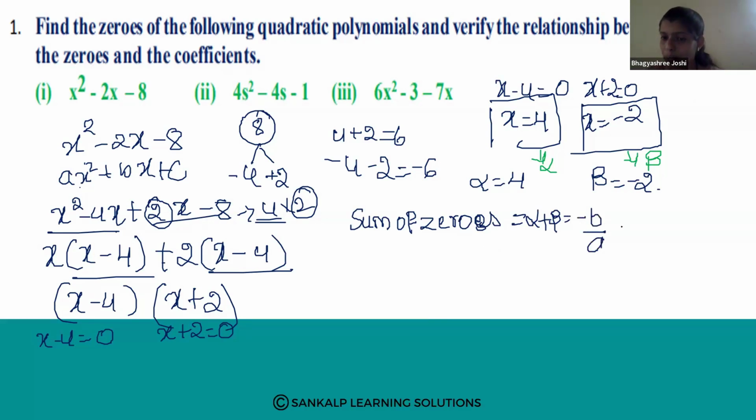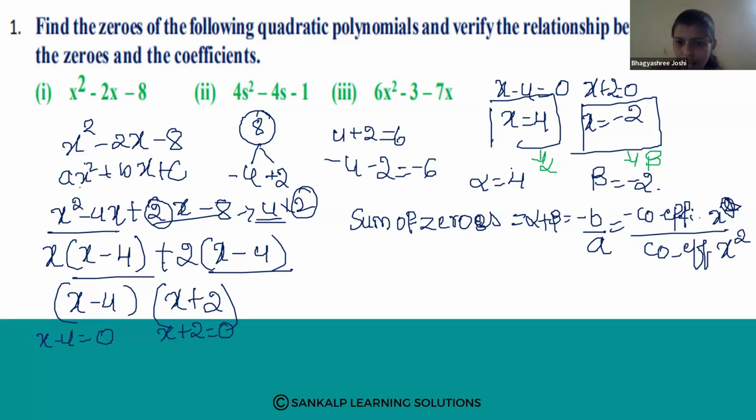Minus b divided by a, right? Minus b is minus the coefficient of x, and a is the coefficient of x square.